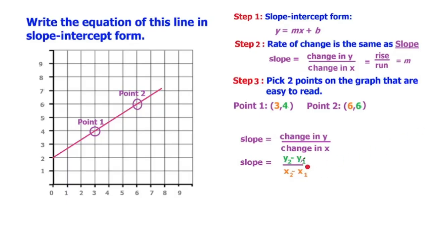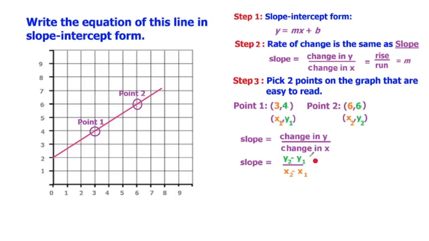And so where do we get these terms from? Well, we get them from our point 1 and 2. So point 1 will have x1 as the x value, y1 as the y value. Point 2 has x2 and y2 for the x and y values respectively.